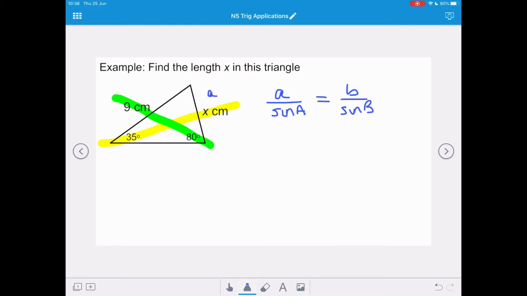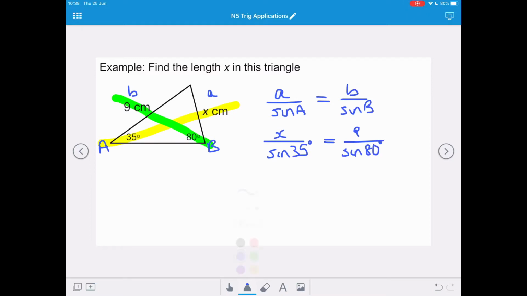Now if we go back to our diagram, a will be x and the angle A will be 35, and b will be 9 and the angle B will be 80, and we can substitute those values in. So we get x over the sine of 35 degrees equals 9 over the sine of 80 degrees.